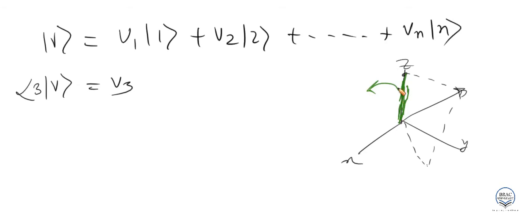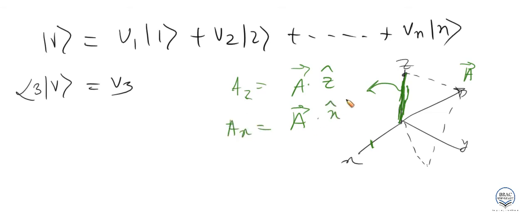The way to do that was, if this was a vector called A, you had to take the dot product with the unit vector, and so on. You could also get the x component by dotting it with the x hat vector, that is, the unit vector on the x-axis. So a similar thing is happening here.